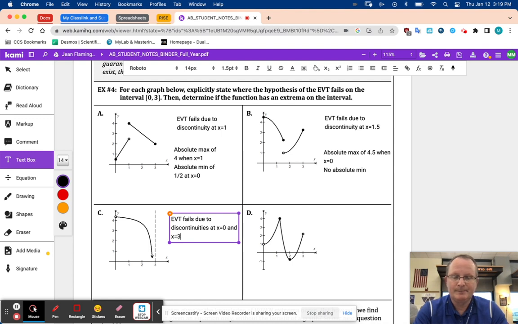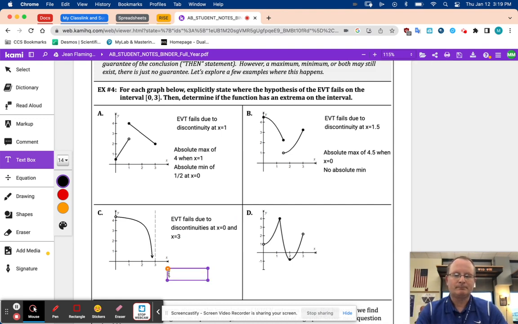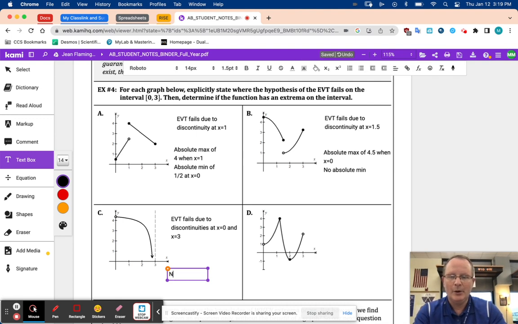And check it out, there's no absolute max or min at all, because the place where we possibly could have had a maximum has an open circle, and the asymptote is creating an issue for the minimum.